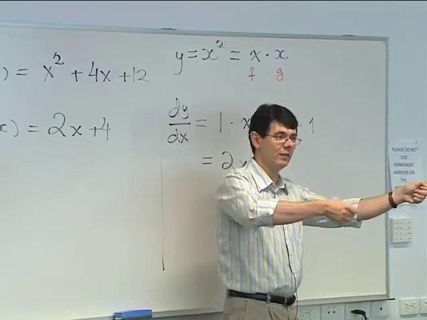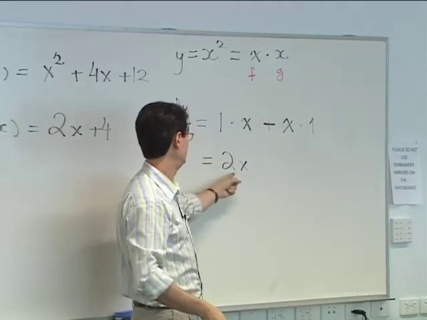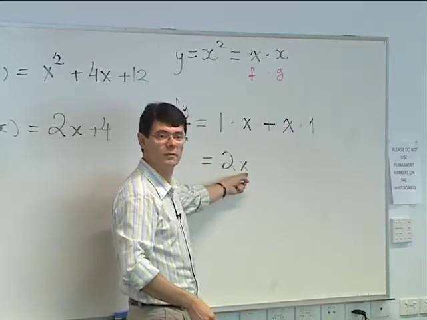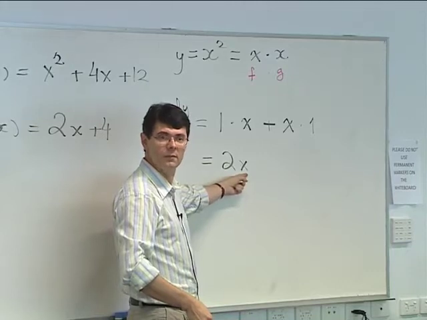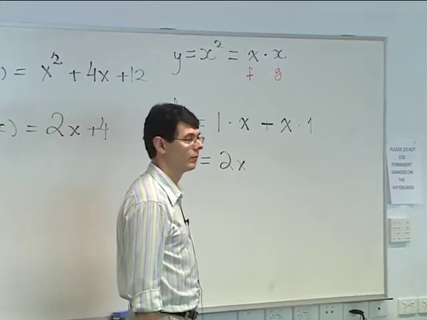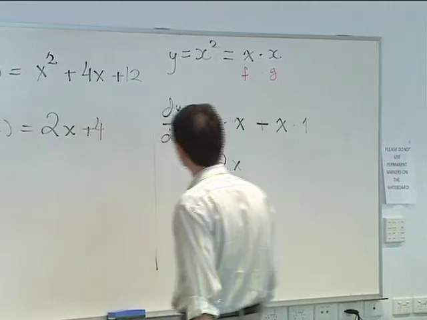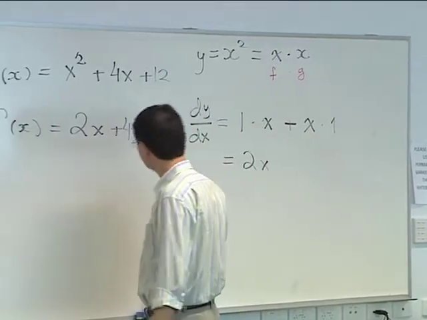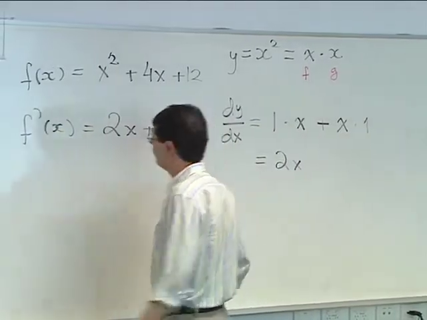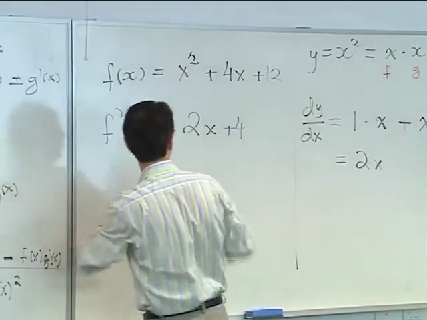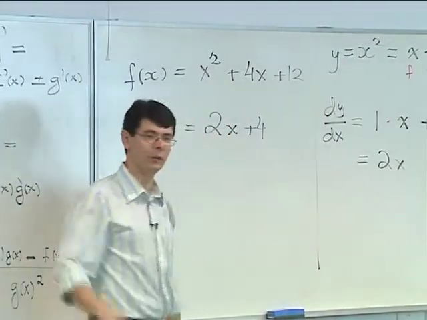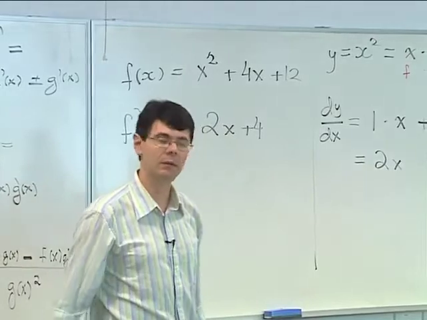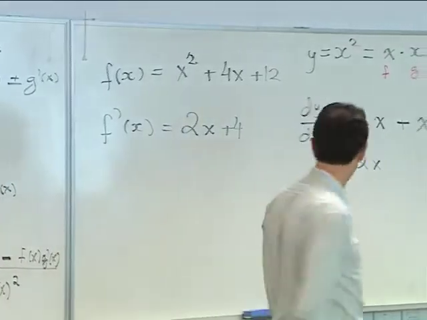It's 2 times 7. 2 times 7. Okay? Let's do this one. We already know the answer is 2x plus 4, and we did it the hard way. Okay? So let's do it again.